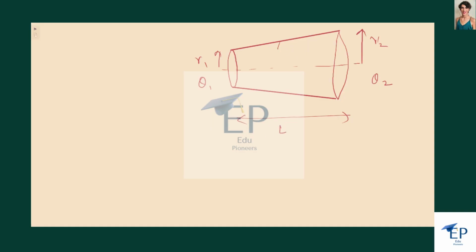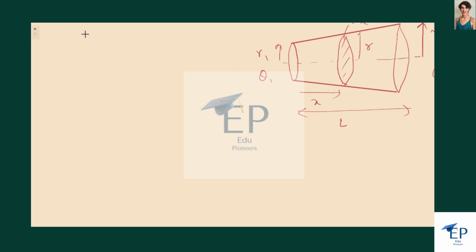Now I am taking an element at a distance of small x from this end, and the thickness of this element, let it be dx. This is our element, and the radius of this element, let it be r.